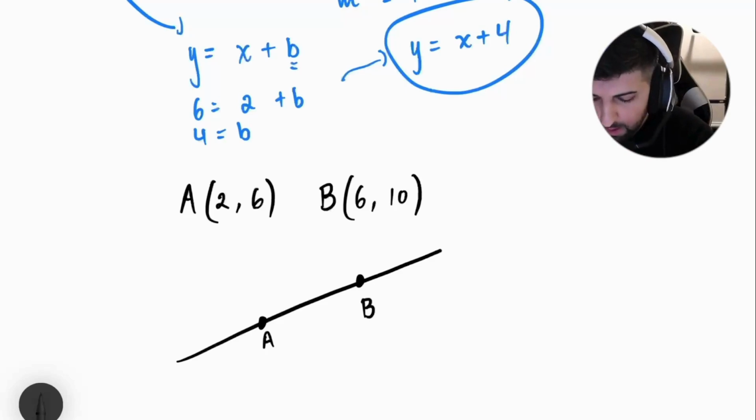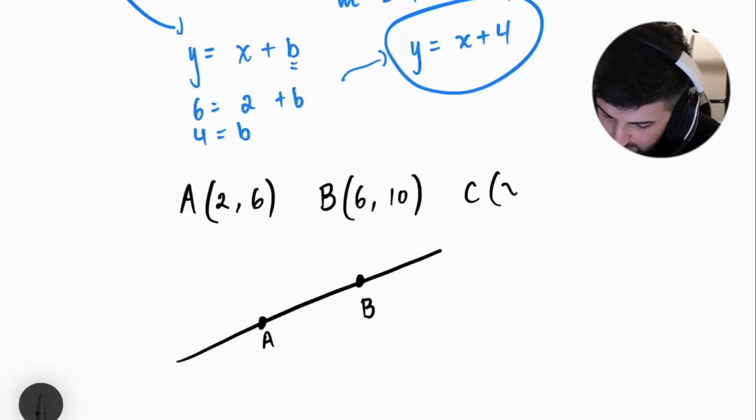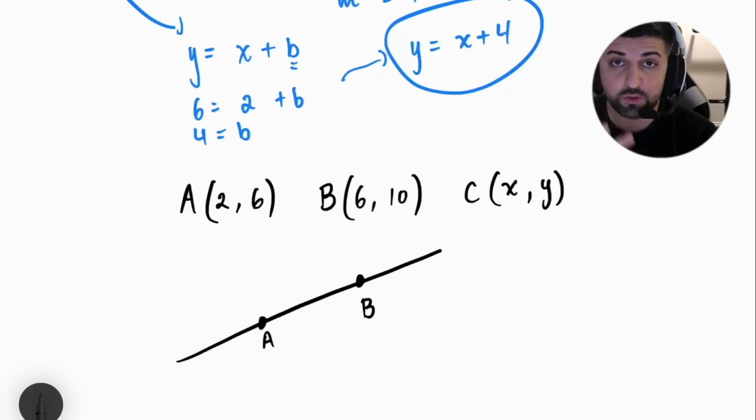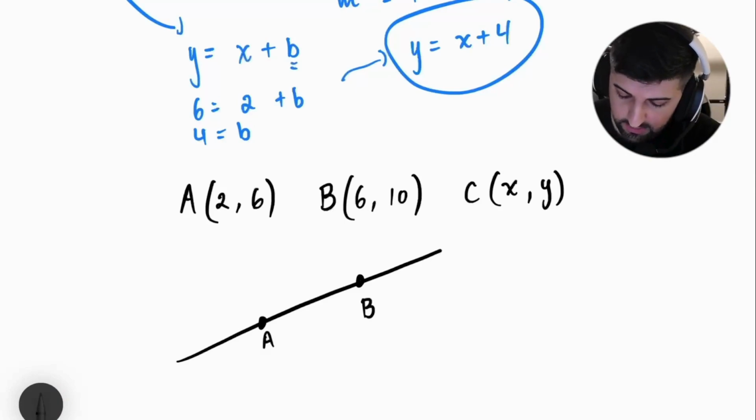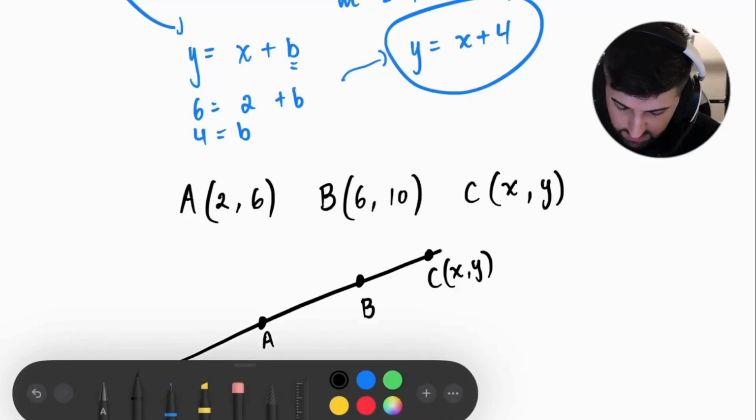Okay, but I can also draw a third point. Okay, this third point is x, y. It's 2 unknowns. And this third point will also lie on the line, right? X, y. If they all lie on a line, what can I say about these 3 points?